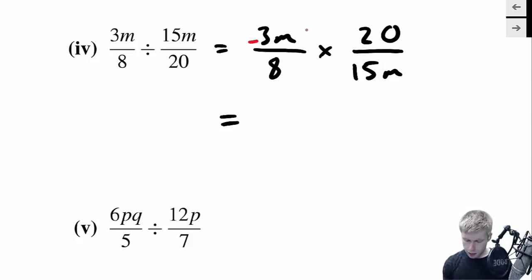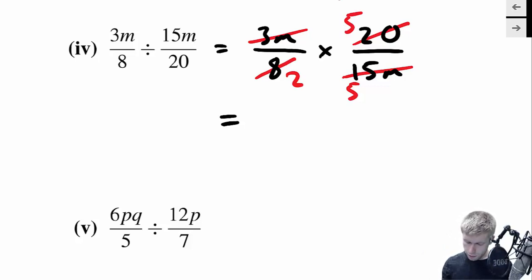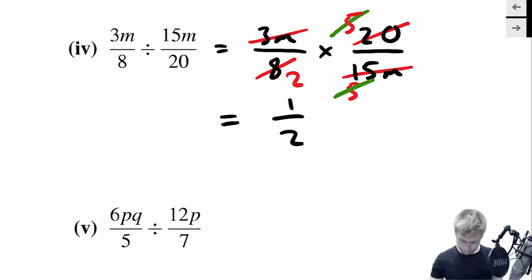So I end up with 3m here, and that goes in there, so the m's have disappeared. The 3 and the 15 cancel to 1 and 5. And again, the 20 and the 8 I can cancel as well, they both go into 4. So that goes twice, and that goes 5 times. And if you have a look again, I have the 5 and the 5, which also cancel, which means I'm just left with 1 over 2.